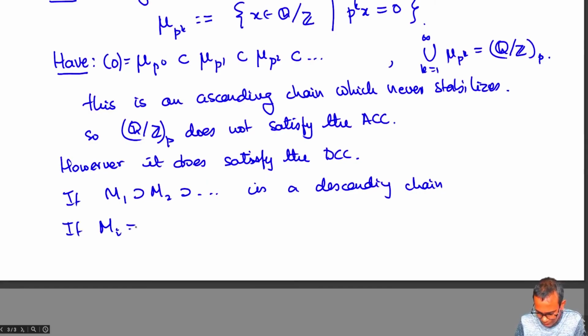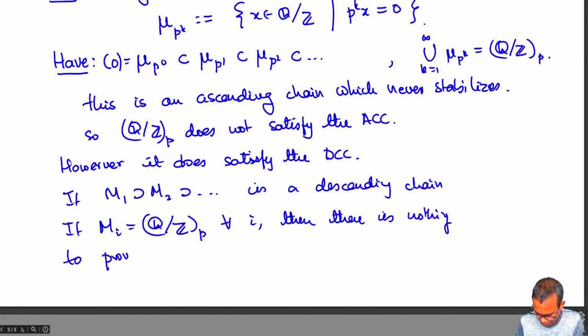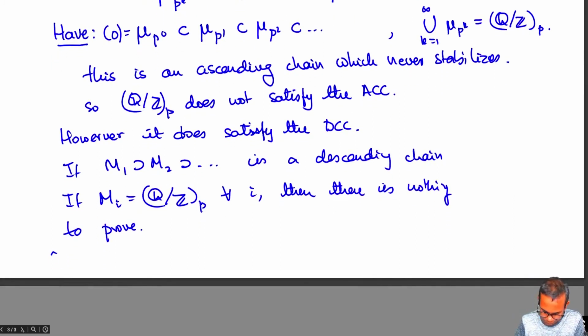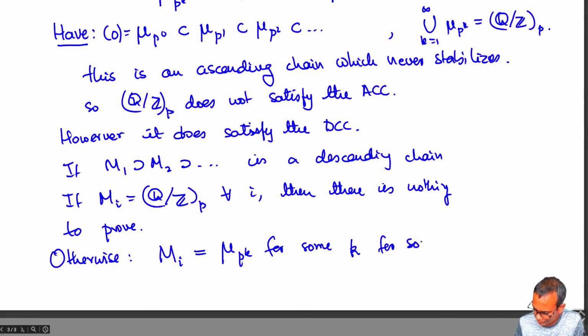If M_i equals Q mod Z_p for all i, then there is nothing to prove. Otherwise, we have M_i equals mu_{p^k} for some k, for some i.